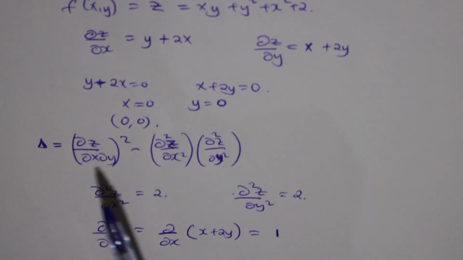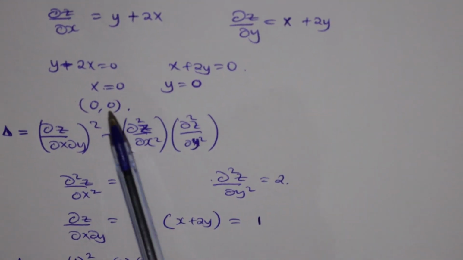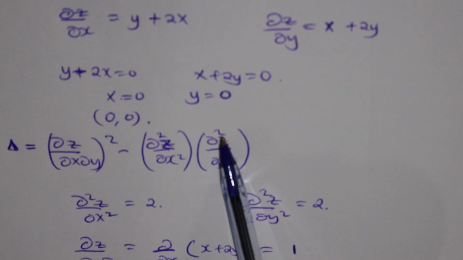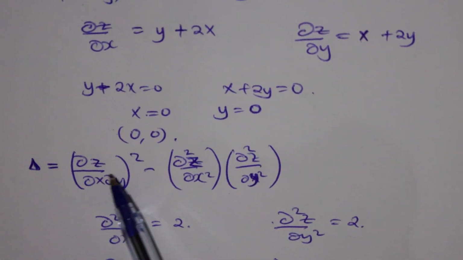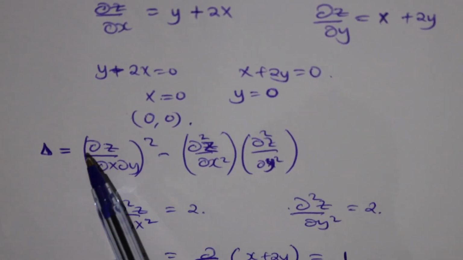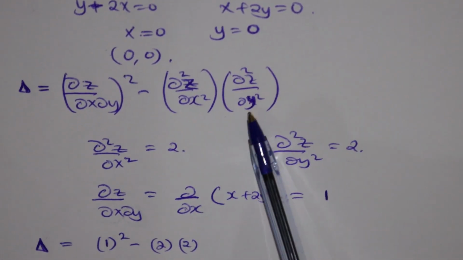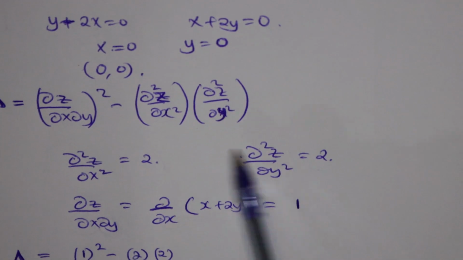Then the second point is you're supposed to replace your values by differentiating the second time and replacing them in this formula. So you get d²z with respect to x and y, then y, x the second time and y the second time, then you get your 2 values.